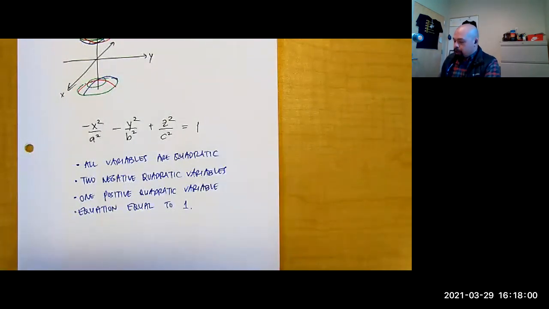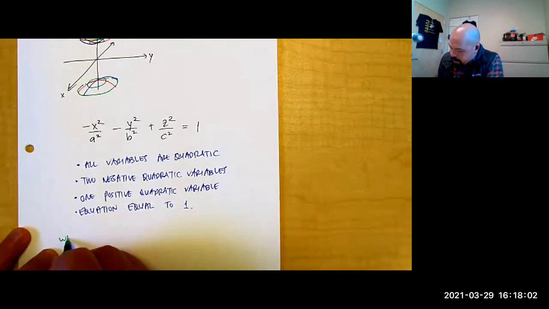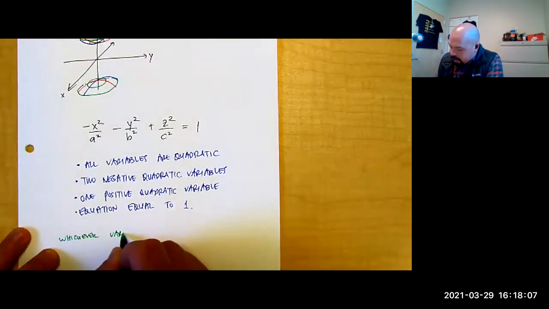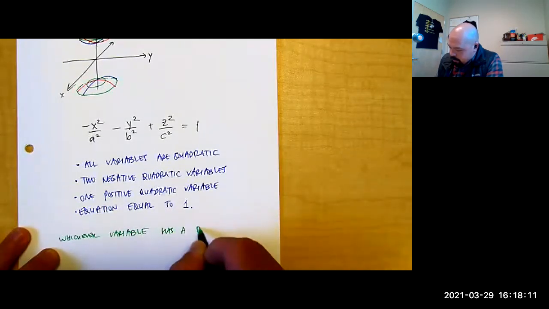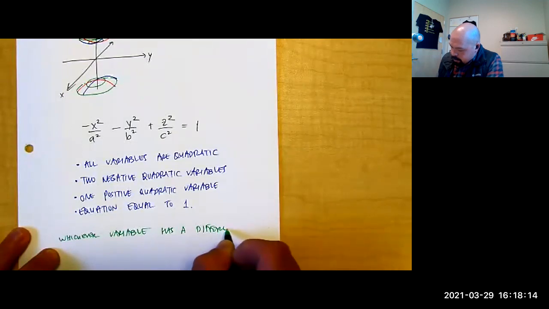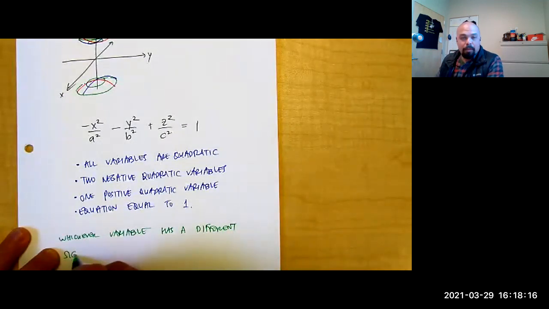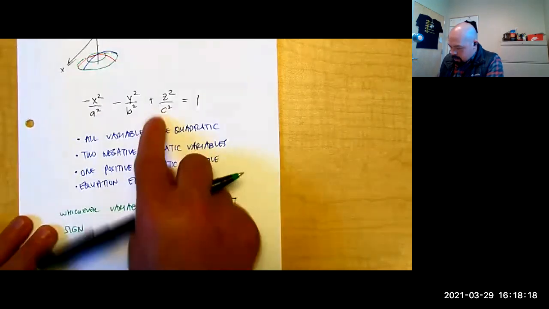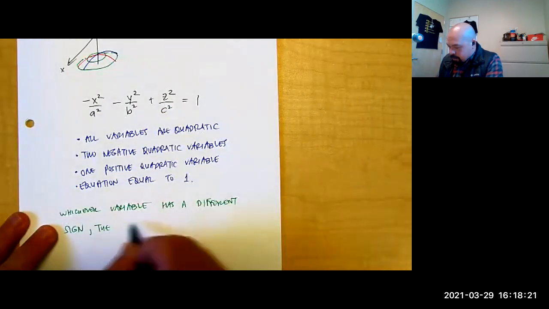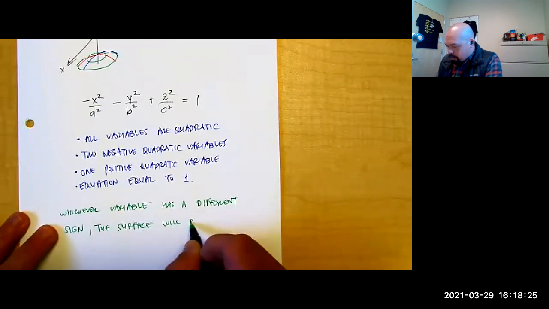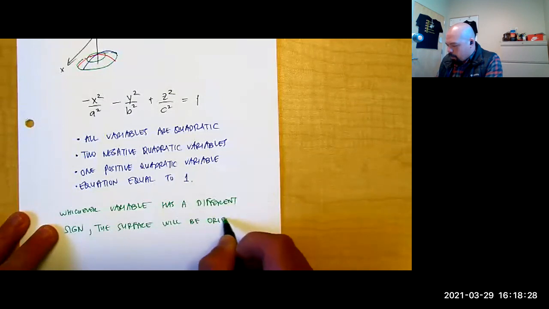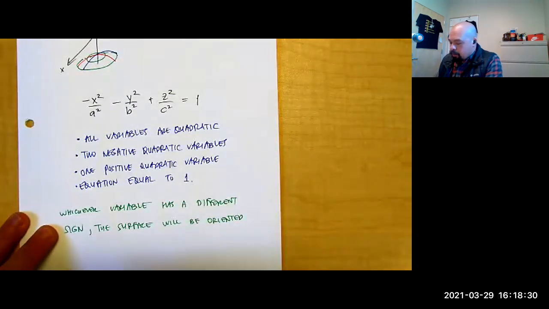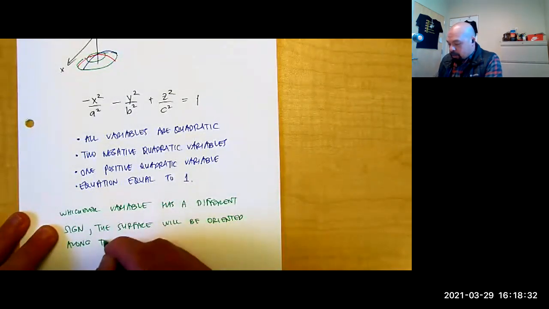And again, just like before, whichever variable in that grouping has a different sign, that one positive in this instance, that surface will be oriented, right? Will run along, will open along that variable's axis.